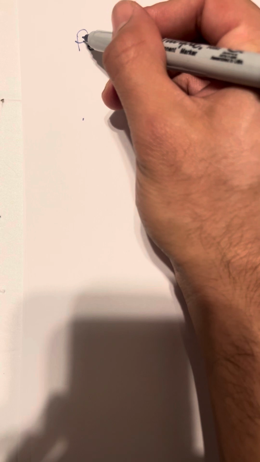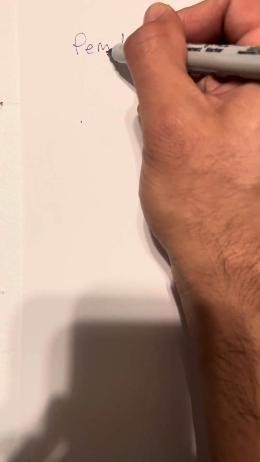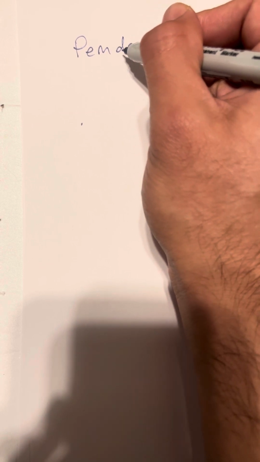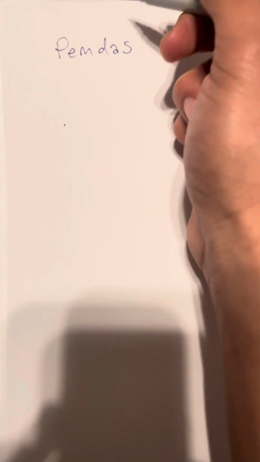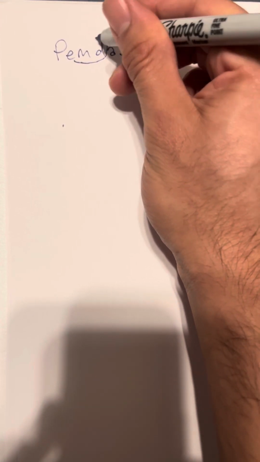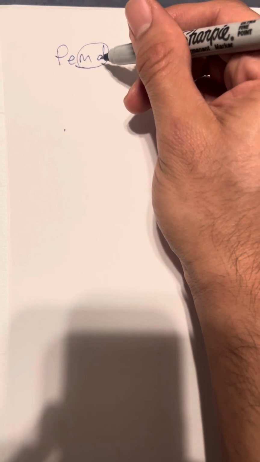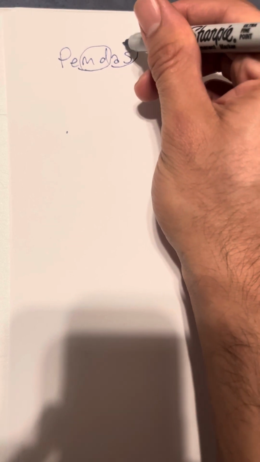So P is for parentheses, E is for exponents, M is for multiplication, D for division, A for addition, and S for subtraction. Multiplication and division are on the same level, but you'll be solving left to right always. Same with addition and subtraction.